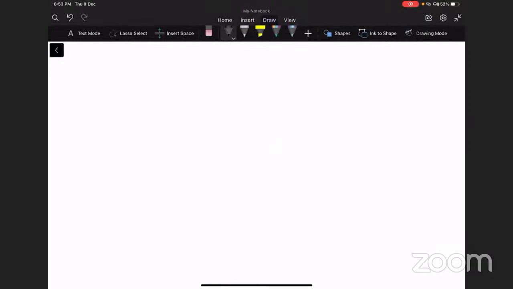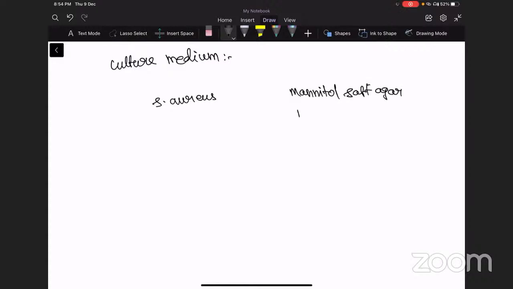So we have some culture media, a very important topic. They can ask a short question on culture media. The organism Staph aureus: we have mannitol salt agar, Lamps medium.